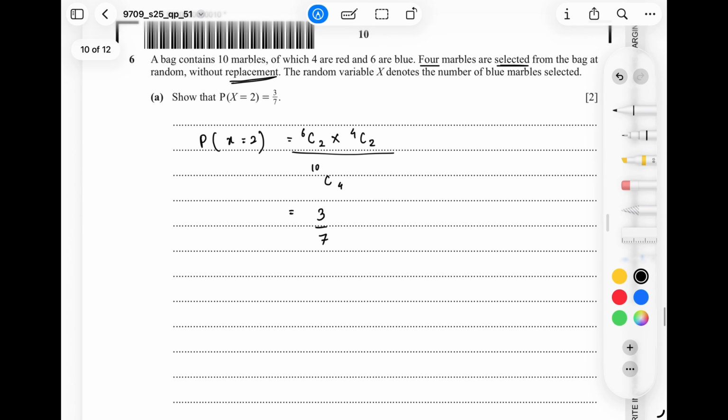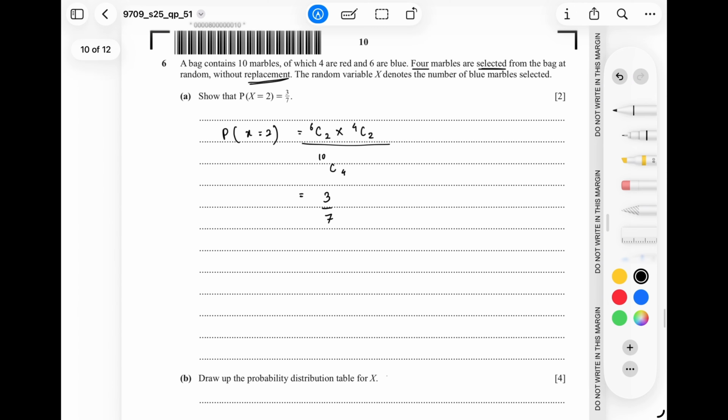Okay, the second thing is they want us to draw a probability distribution table. That's easy. First you have to figure out how many possible options there are for X. X is the number of blue marbles selected from 4 marbles. Out of the 4, you can have 0 blue, that is all red, you can have 1 blue, 2 blue, 3 blue, or all blue. So that's what we're trying to find.